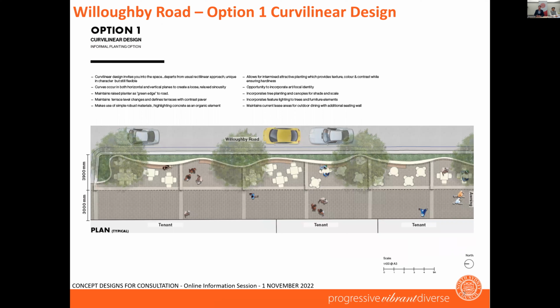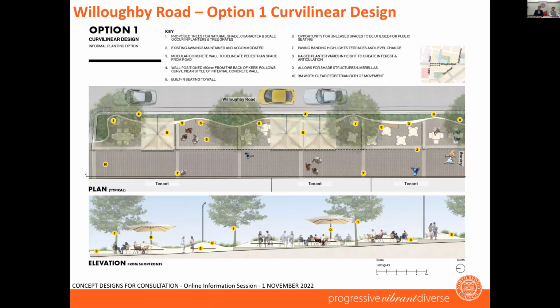That's a plan of a section of Willoughby Road that would show you in plan view how that curvilinear design would work, how it would create separation between Willoughby Road and the footpaths and the dining areas, and also some of the landscaping treatments and paving treatments that then go into those bays and also into the roadway areas as well.